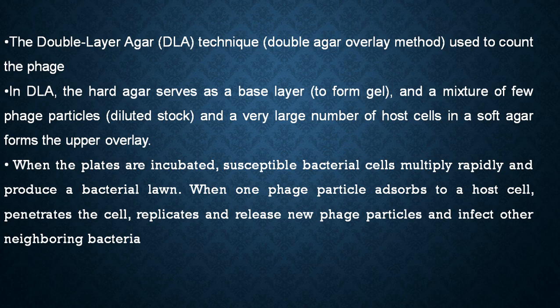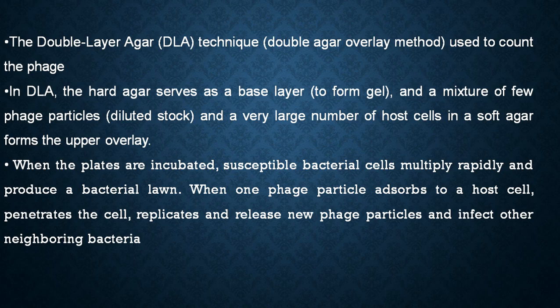Next, the double layer agar technique. In the double layer agar, hard agar serves as a base layer, and a mixture of a few phage particles and a very large number of host cells in a soft agar forms the upper overlay. When the plates are incubated, susceptible bacterial cells multiply rapidly and produce a bacterial lawn.